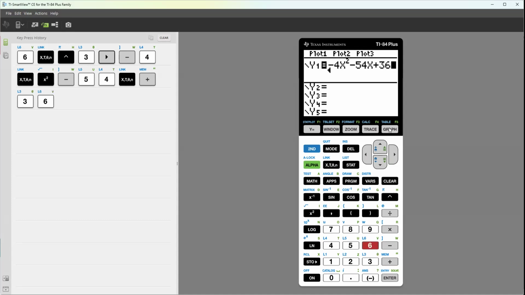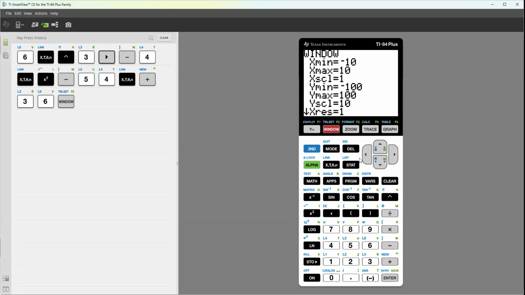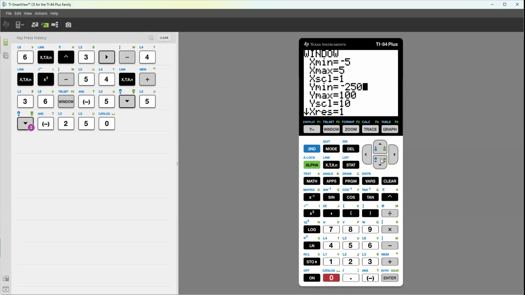All right, so let's just graph it after we set our window from -5 to 5. And those went by ones, and then this was like a -250 down to a positive 250. And I'm going to leave that going by tens.